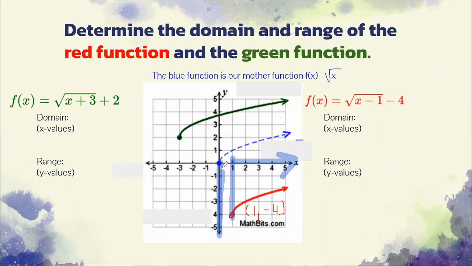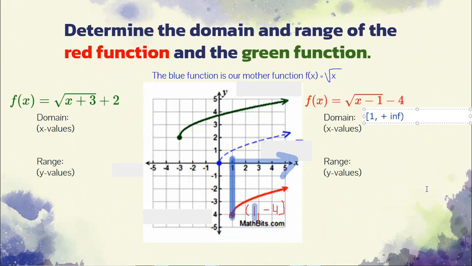Down here at x is equal to 0, I don't touch my graph at all. My square root function is not defined there. So rather, it's going to start at x is equal to 1 and continues all the way towards positive infinity. So my domain of my red function is going to start and include x is equal to 1 and goes to positive infinity.